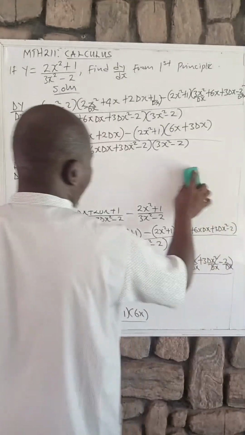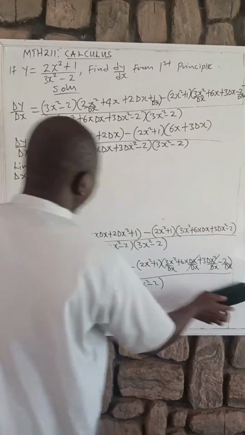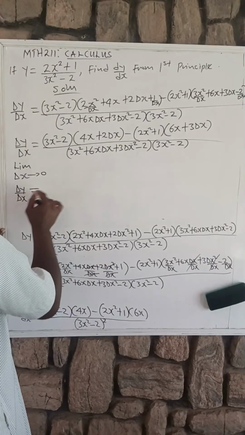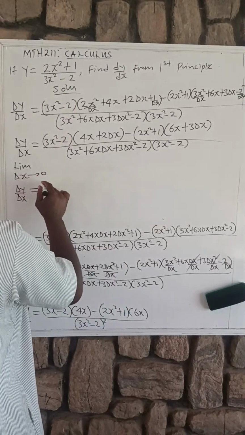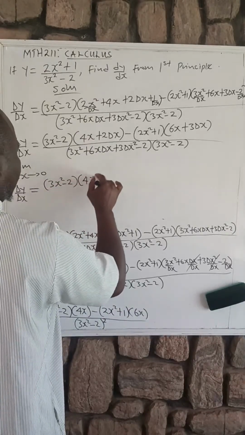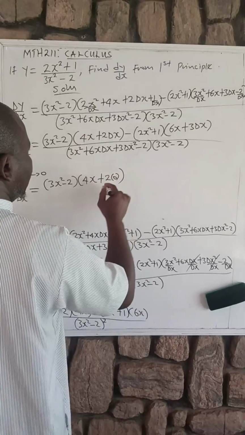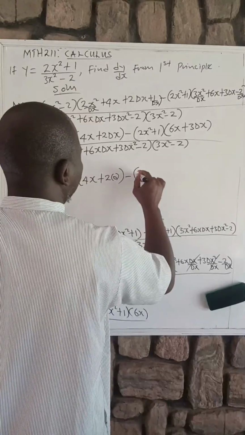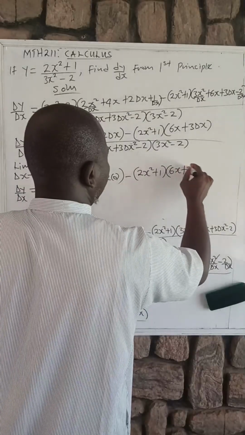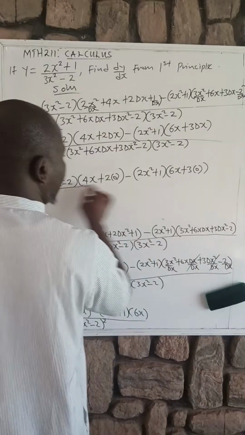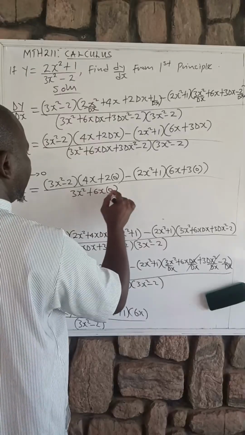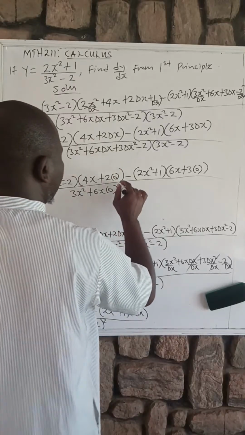So the whole thing now, our dy all over dx will be equal to, anywhere you see dx you substitute, you write 0: 3x squared minus 2 and 4x plus 2 open bracket 0 close bracket because of dx, minus 2x squared plus 1, then open bracket 6x plus 3 times 0, then all over 3x squared plus 6x open bracket 0, because dx is 0, right?